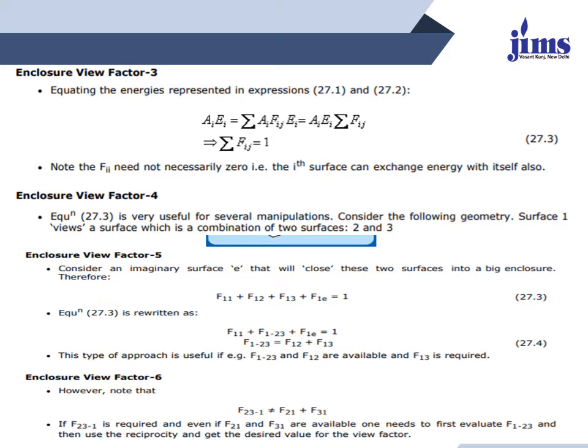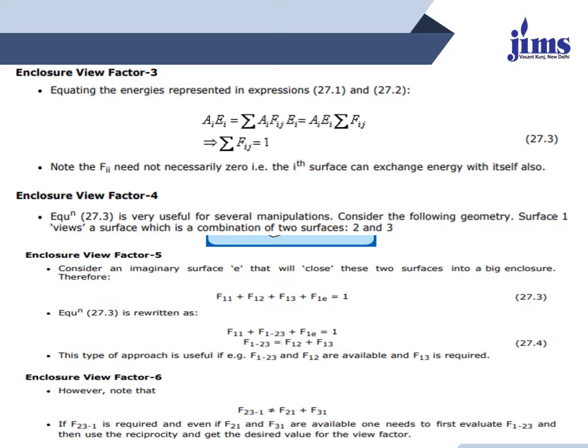For a flat surface, F11 is equal to 0. So equation 27.2 is rewritten as F11 plus F123 plus F1E is equal to 1, because F123 is equal to F12 plus F13.